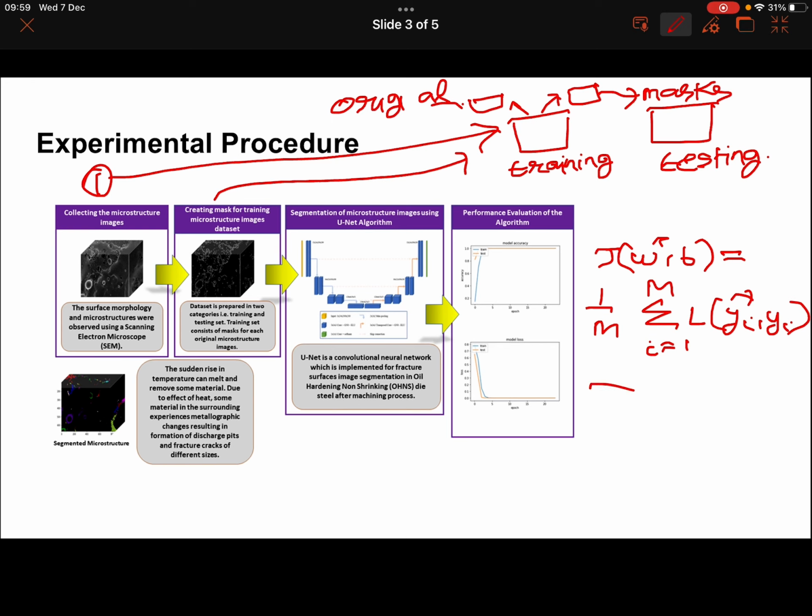We have further used the accuracy versus number of epochs curve and the loss versus number of epochs curve for the evaluation purpose. The performance evaluation of the framework was carried out by these graphs, that is, by loss function and accuracy evaluation.